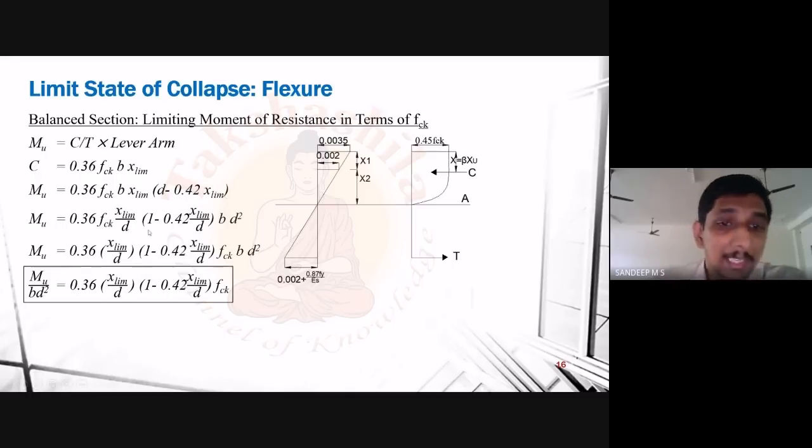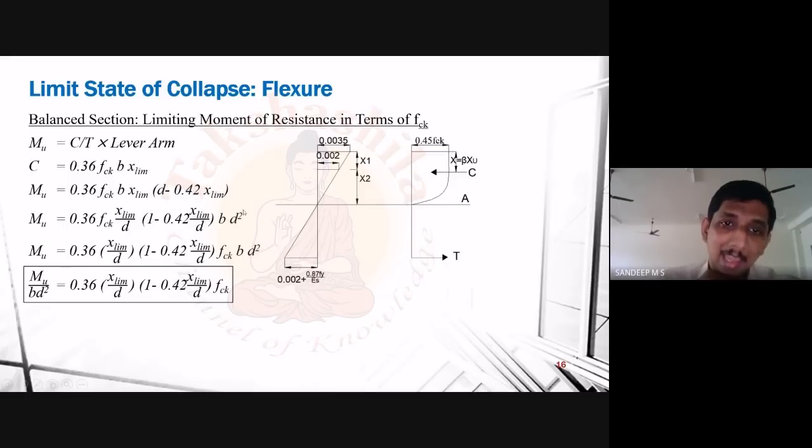That's all. Now, as we have done earlier, I am taking d outside. So what will happen? I will get a d here, and here I will have 1 minus 0.42 x limit by d. Now I am again multiplying with respect to d.